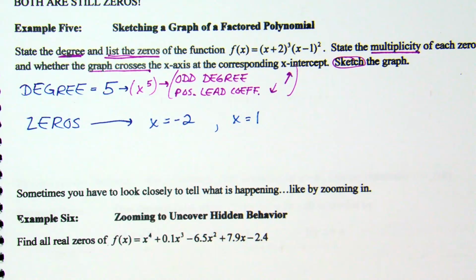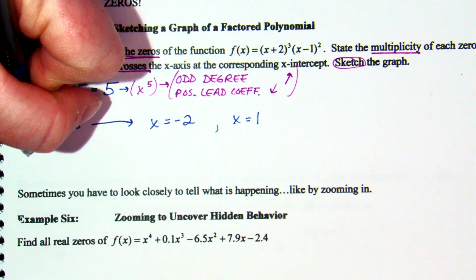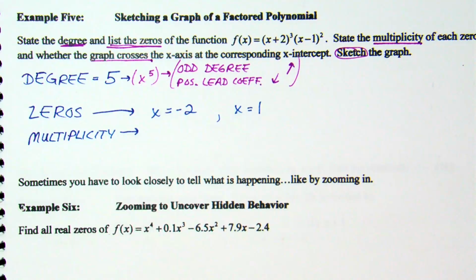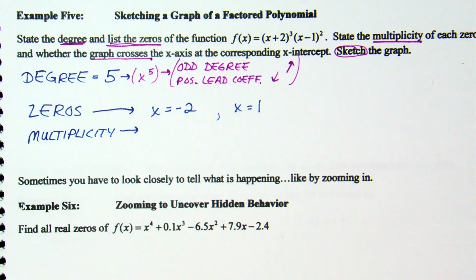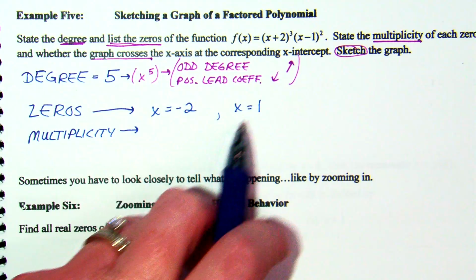Yes? Okay. Next thing we're going to state is the multiplicity of each of those zeros. Now, if you remember from up top, how do we find multiplicity? What are we looking at for multiplicity? Not the graph. Okay, the power on the factor. So the zero x equals negative 2 came from x plus 2 raised to what power?